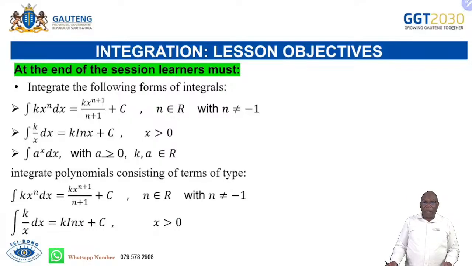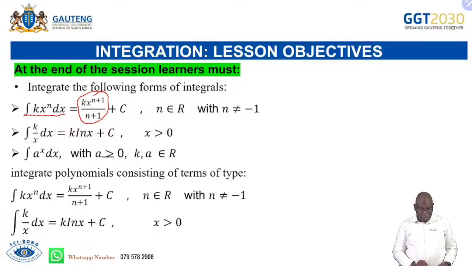Just the lesson objectives. What is it that we need to know at the end of this session? We need to be able to integrate the following forms of integrals. If I'm given the integral of kx to the power of n dx, we need to know the procedure when we integrate it.